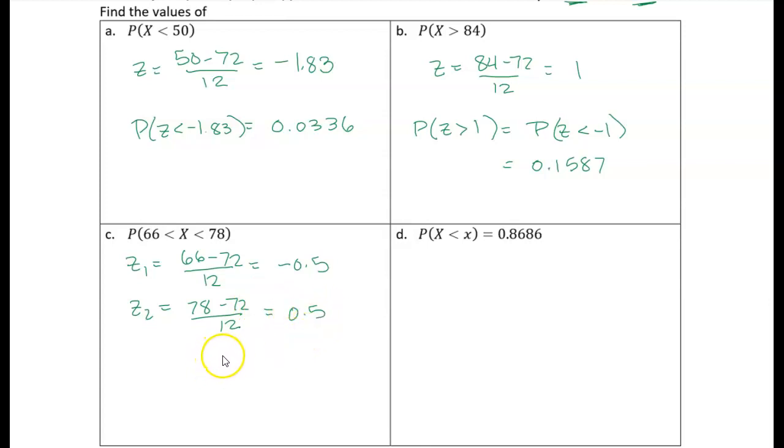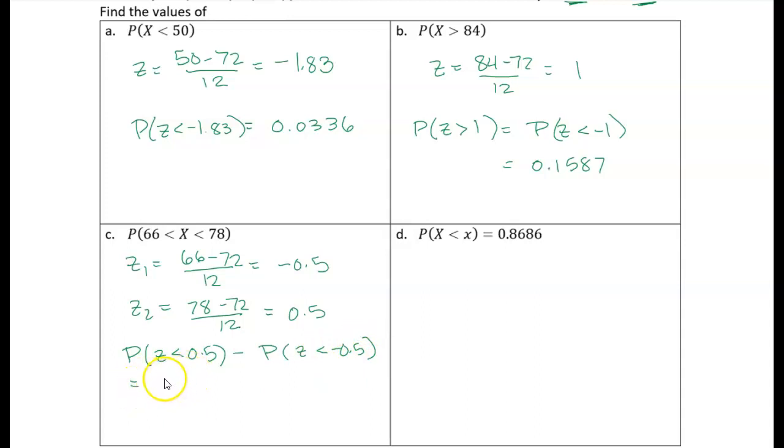All right. So now we're looking for the probability that the z-score is between those two values. So I'm going to take the upper value, the probability that z is less than 0.5, and subtract the probability that z is less than negative 0.5. I just need to look up those values.